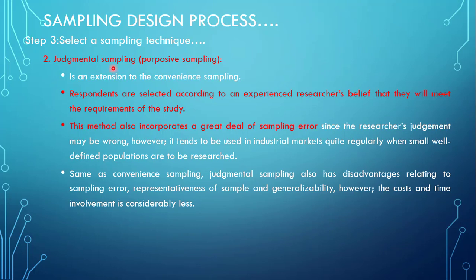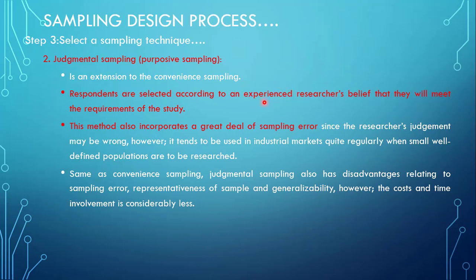It is the same. Judgmental sampling is an extension of convenience sampling, but the difference between judgmental sampling and accidental sampling is that in judgmental sampling, the respondents are selected based on the experience that the researcher has.